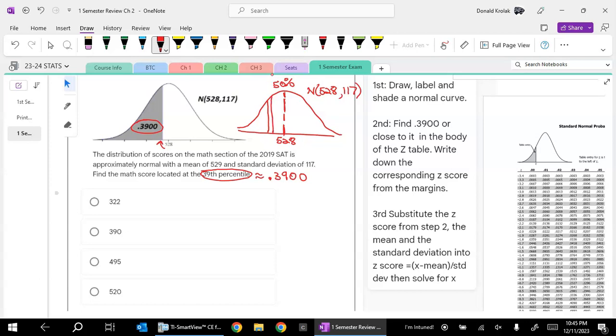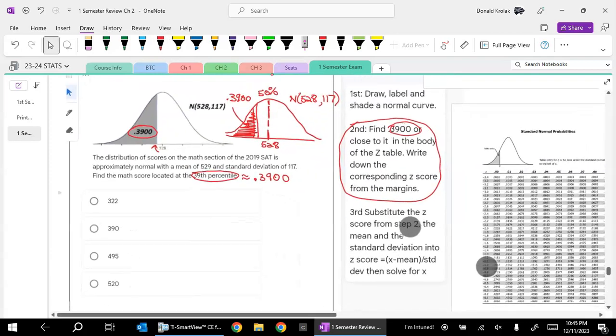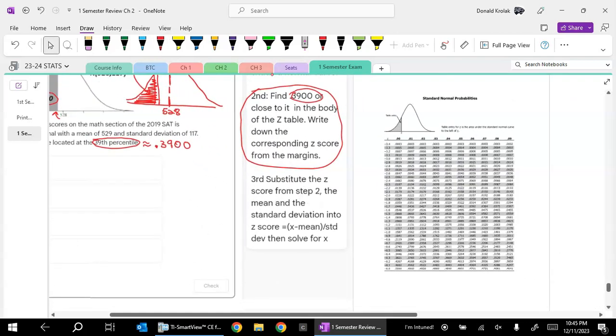Maybe about there. Okay, and that's why I'm labeling that 0.3900. So now you're going to go over to your z-table and find in the body the closest value to 0.3900, and then you're going to get the z-score from the margin.